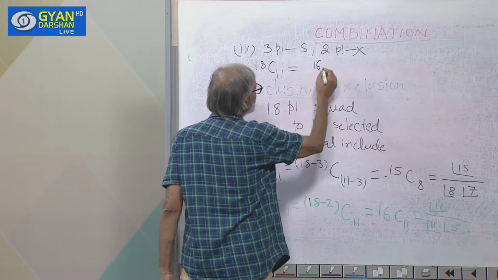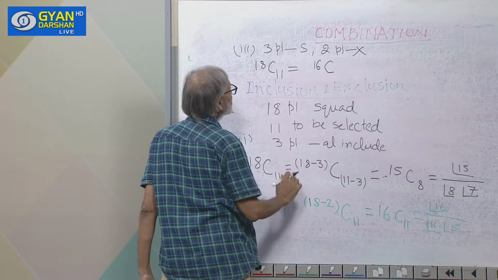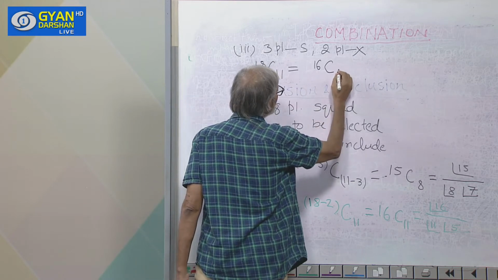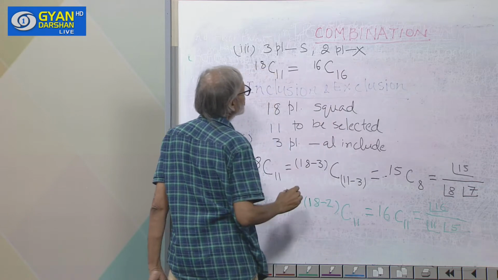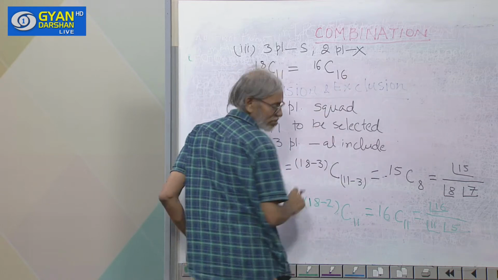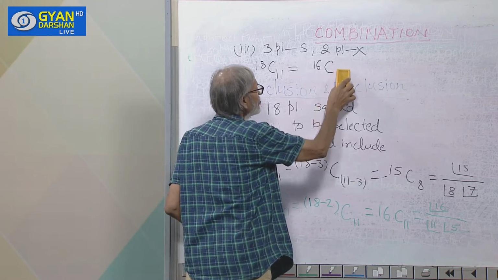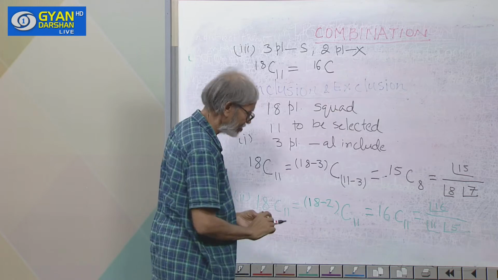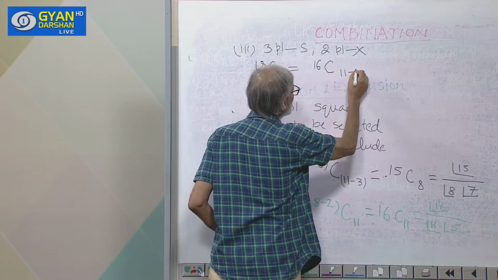So we select the first 3 players, then 11 players are to be selected. 3 we have already selected, so the remaining positions will be 11 minus 3.